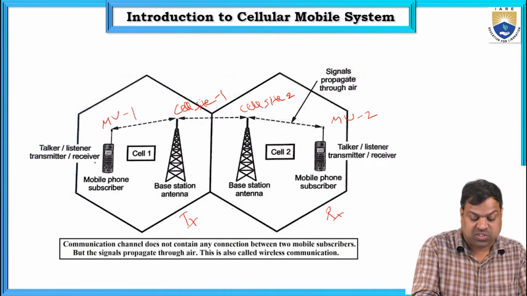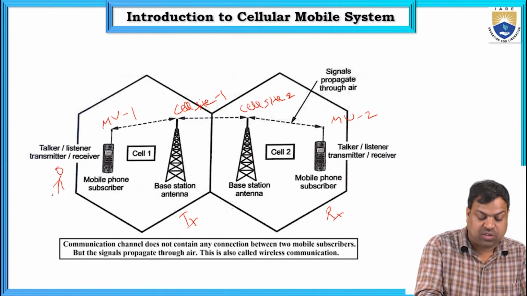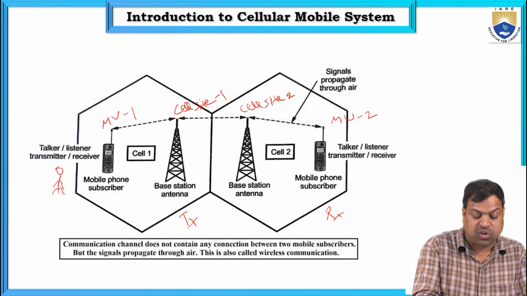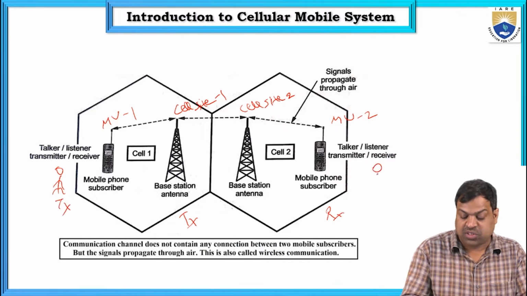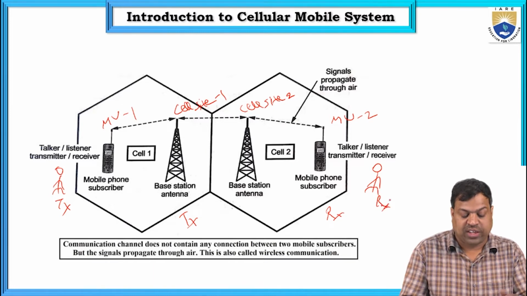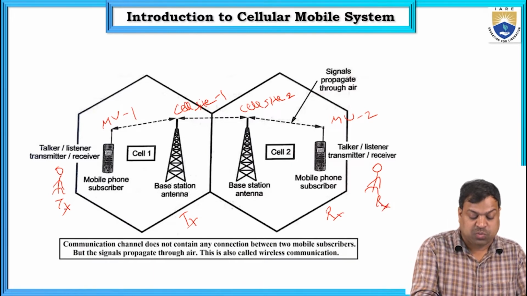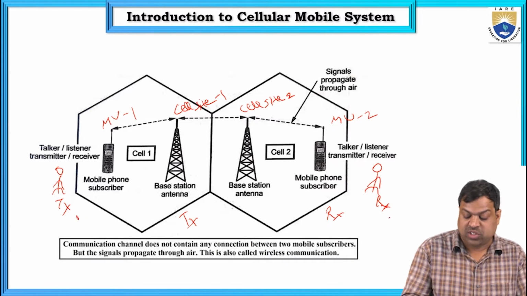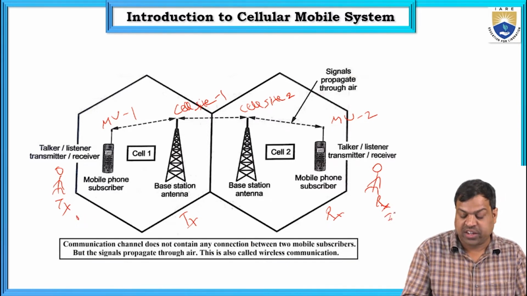When one person makes a call to another person, he is the transmitter and the other person is the receiver. In general terms, we call it an incoming and outgoing call. This person is making an outgoing call, and this person is getting an incoming call.